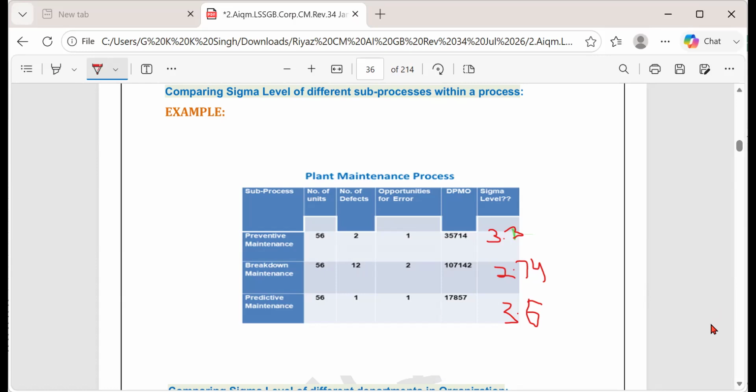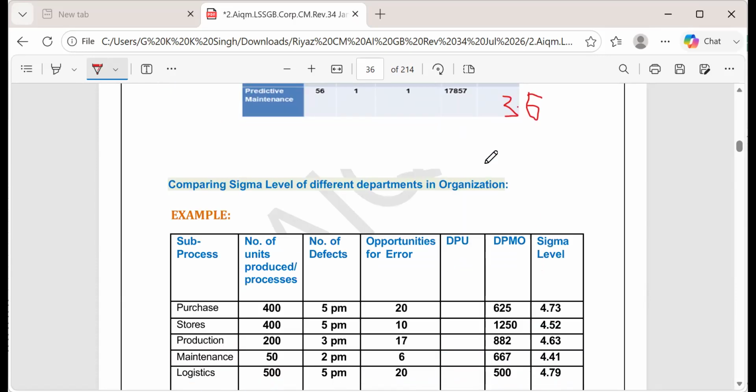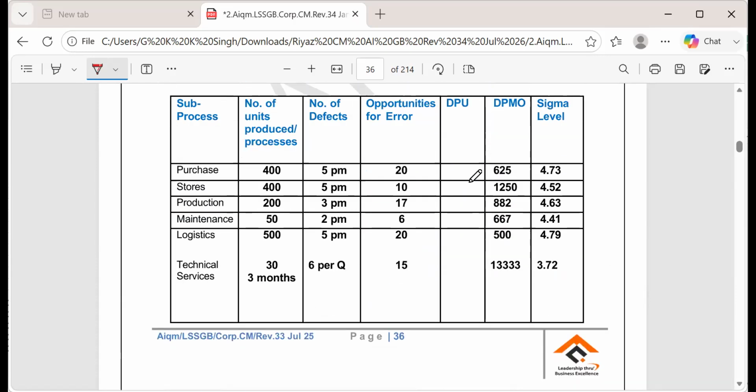Predictive maintenance is definitely better, and preventive is better, but still it has to be increased. So like this, we can calculate the sigma level and compare the performance of the different processes to know the level of quality of the processes.